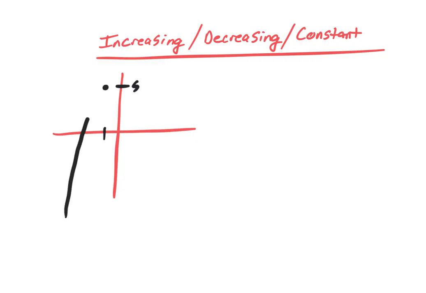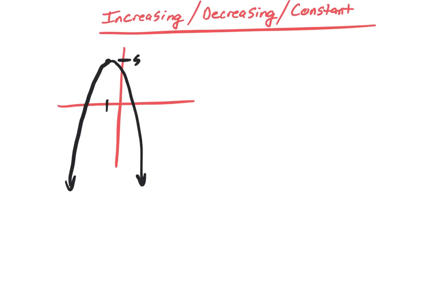If I were to put a parabola here, that reaches its high point at -1, 5. We call that the vertex or the maximum point of the parabola. Okay, it's never going to get any higher than that. So as this graph goes from left to right, just like we do anything, we're going to move from left to right. Down here, as I start to move, I'm moving up, right?